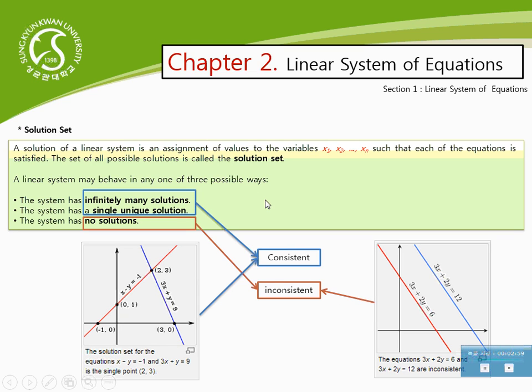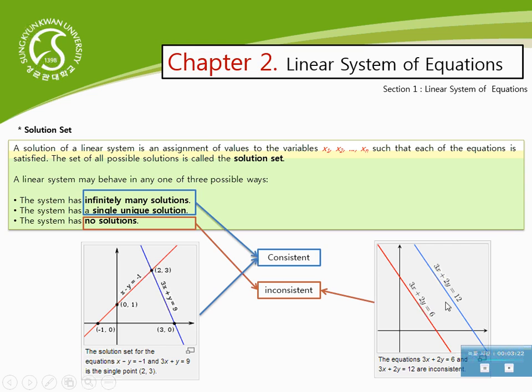Okay. In the system of linear equations, we can have three cases. One is that the system has infinitely many solutions, and the other is that it has a single unique solution, and for those cases, we call the system consistent.